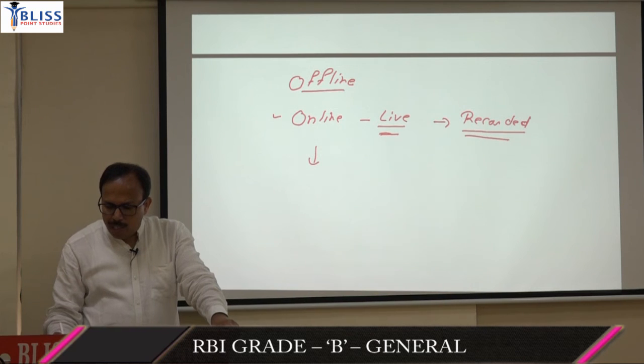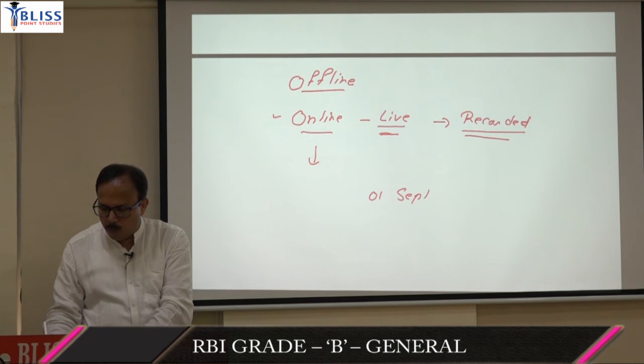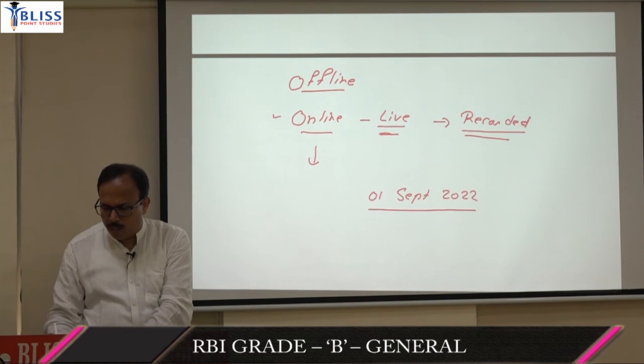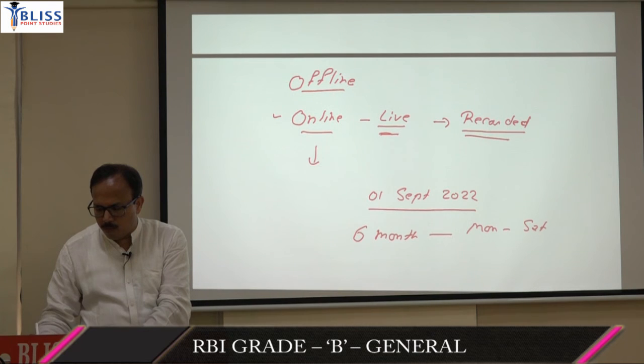It is online as well as offline, and the batch is starting from 1st of September 2022. Clear? It is starting from 1st of September and will take approximately 6 months to complete, with lectures Monday to Saturday.